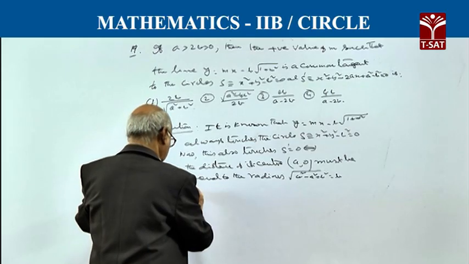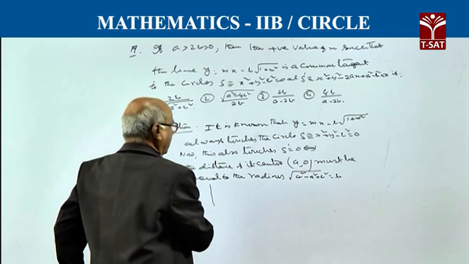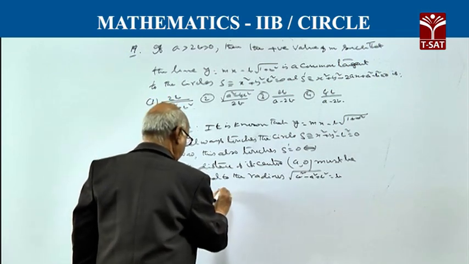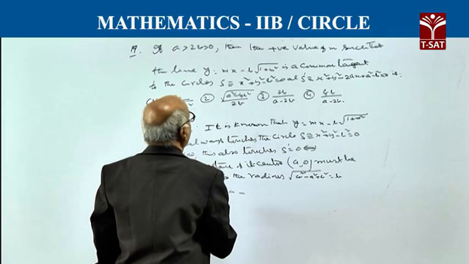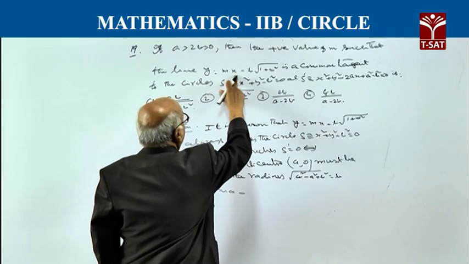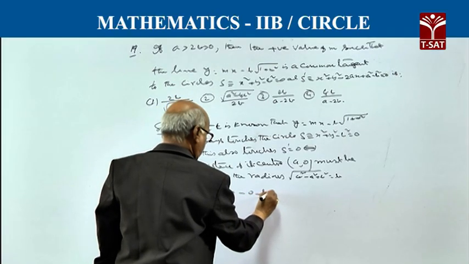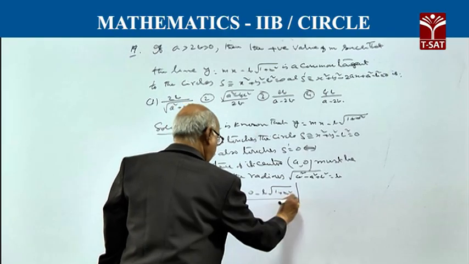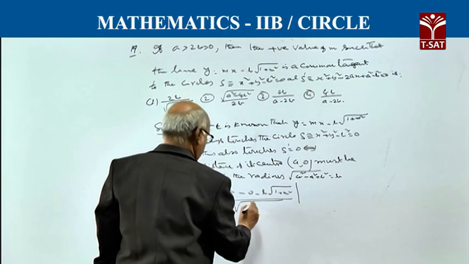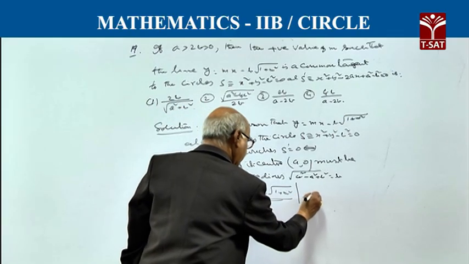So, that is modulus of (ma minus 0 minus b into root over 1 plus m square) by root over 1 plus m square is equal to b itself.